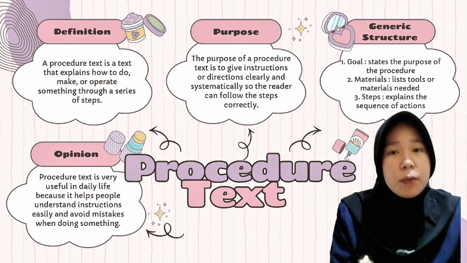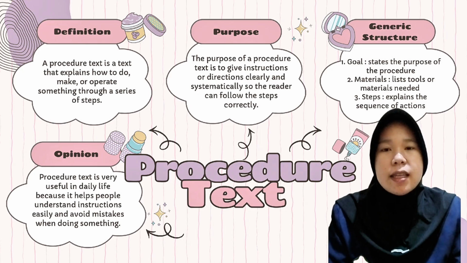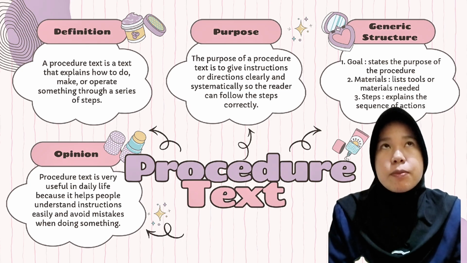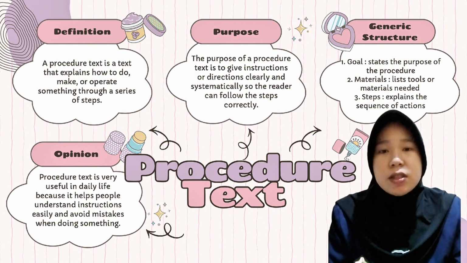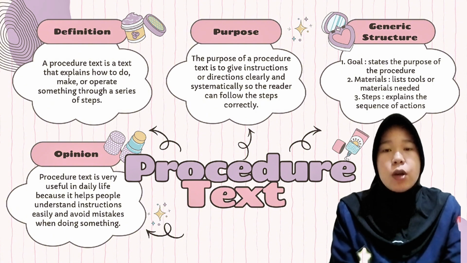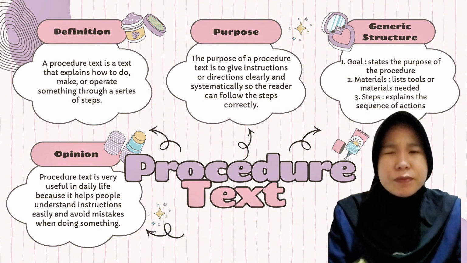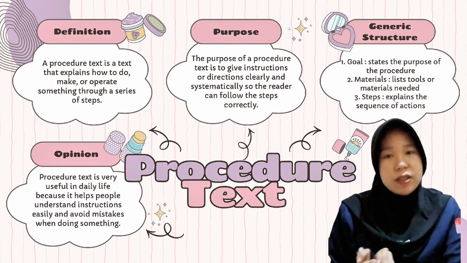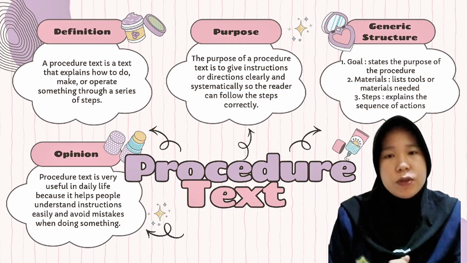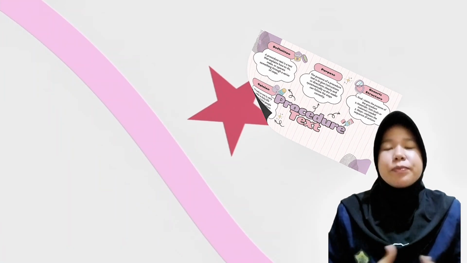In my opinion, procedure text is very useful in daily life because it helps people understand instructions easily and avoid mistakes when doing something. Without clear instructions, people might get confused when making or doing something.